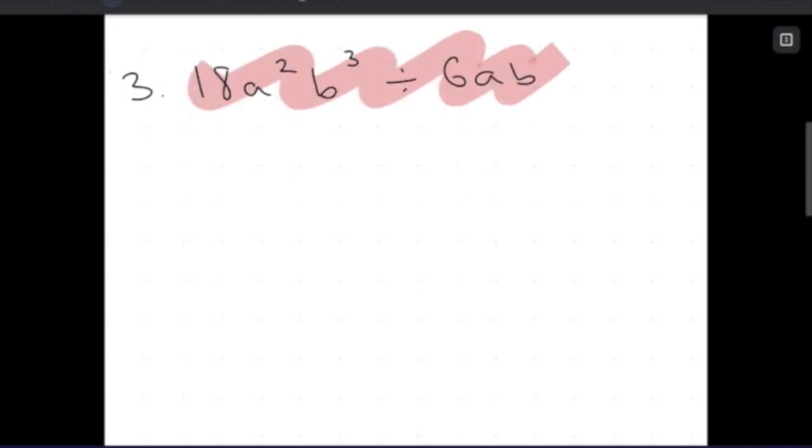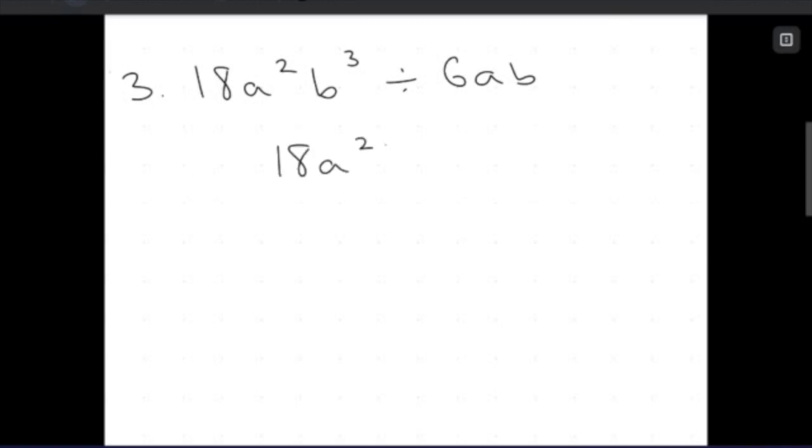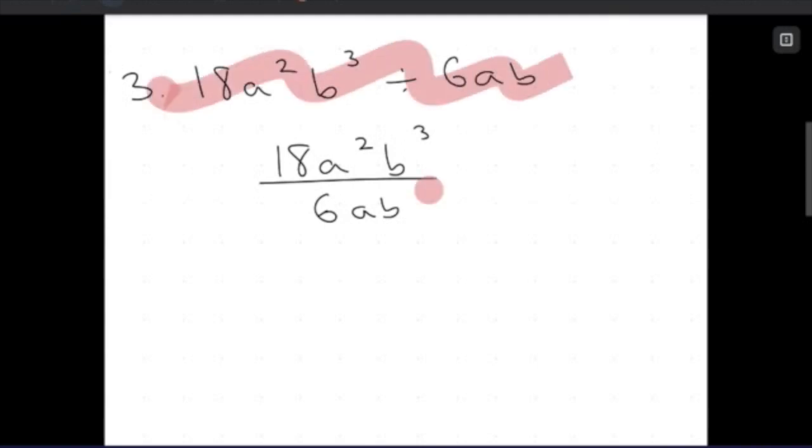We've got a lot of terms across here, and we have a division sign, which we can just eliminate by creating a fraction here. Now this fraction, once again, means the exact same thing as up here. These two things are identical.